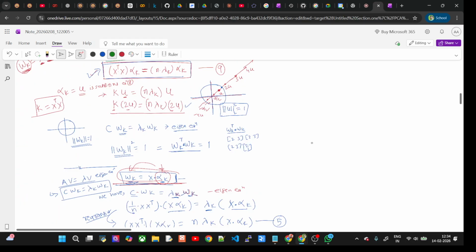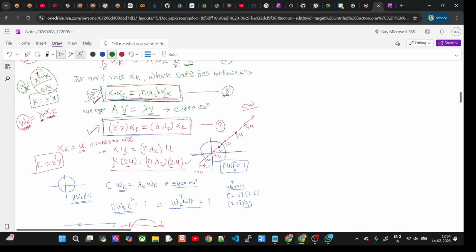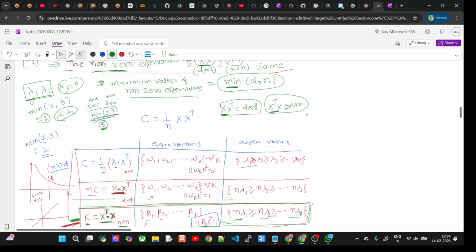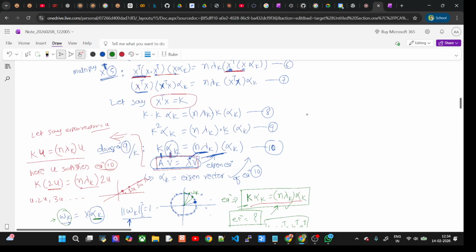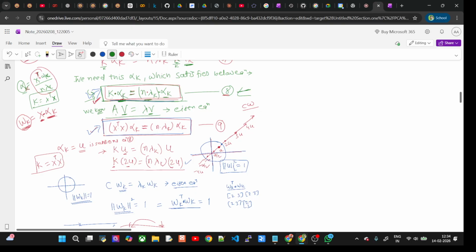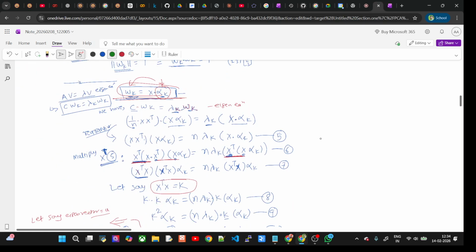You have to derive the equation, and we derived this equation number 8. So your alpha k is the eigenvector of this equation, K alpha k equals n lambda k alpha k, equation number 8. Then we found there are two equations: K alpha k equals n lambda k alpha k, and the unit length condition.